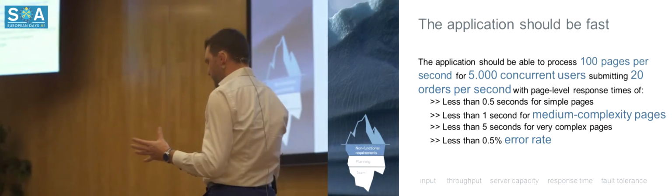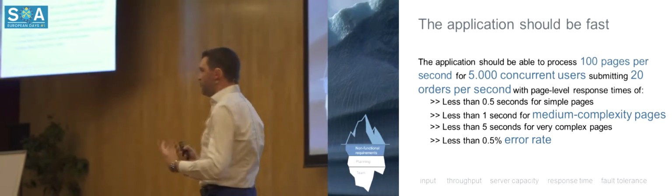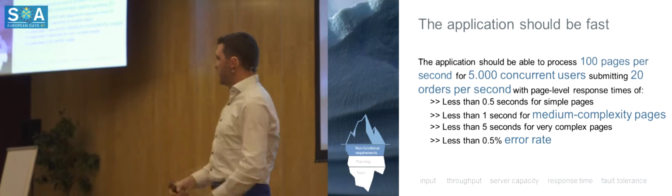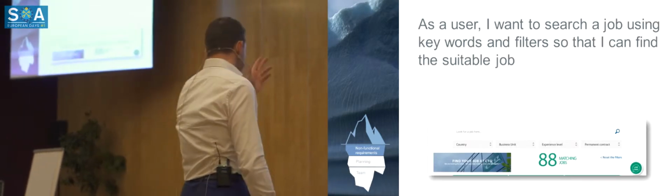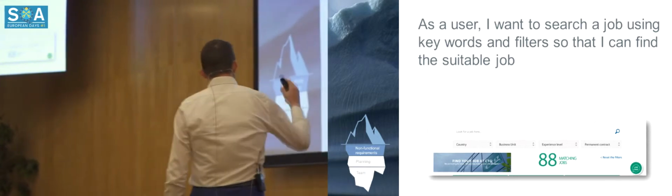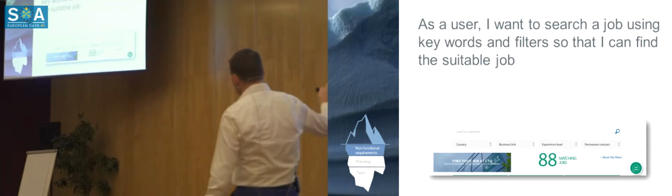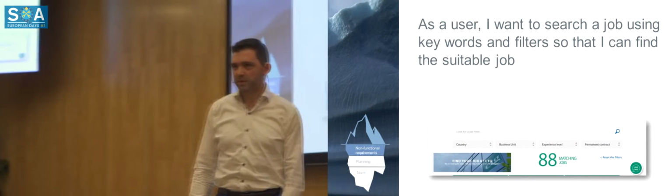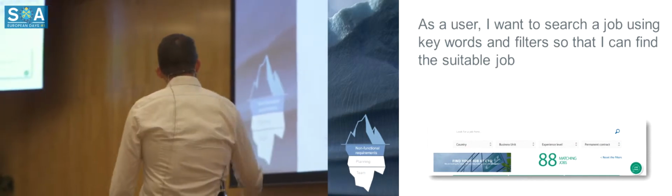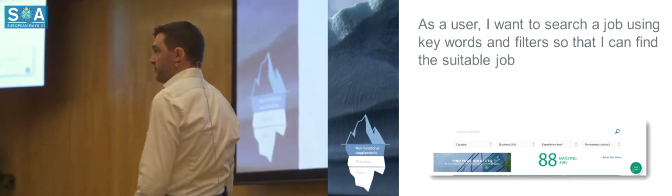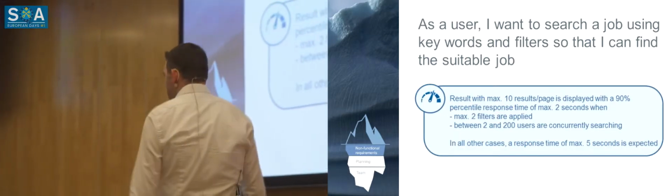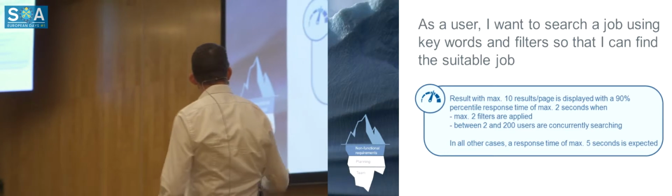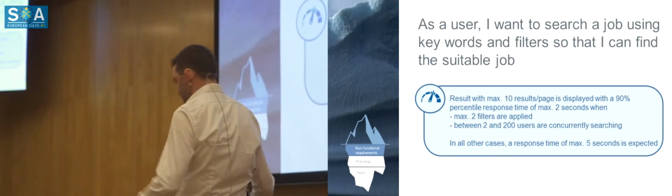Of course, in Agile, we are working with user stories. How can I integrate this in my user stories? Let's take one. So this is our job site. We are still looking for people. And this is a simple user story. And I have defined some non-functional requirements for this user story.